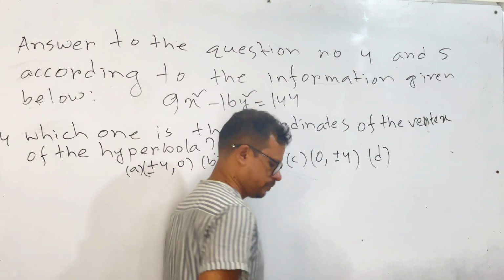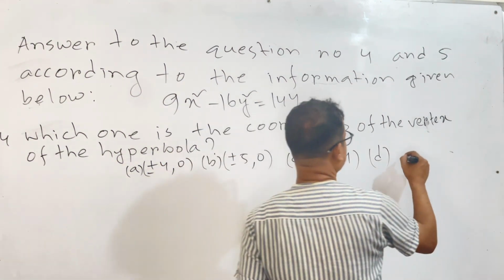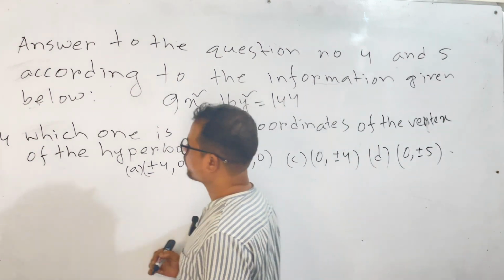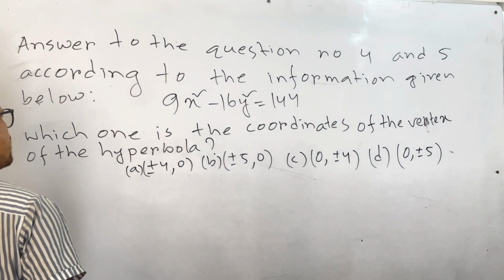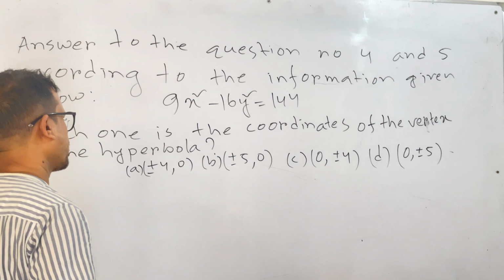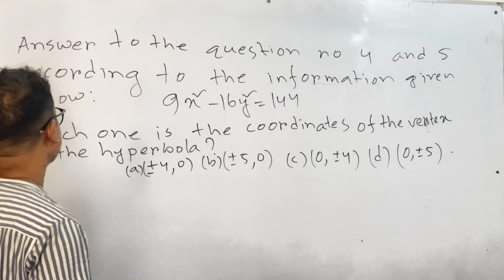D, 0, plus minus 5. Which one is the coordinates of the vertex of the hyperbola?